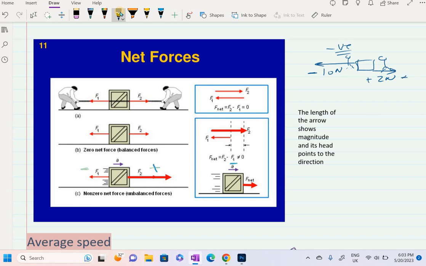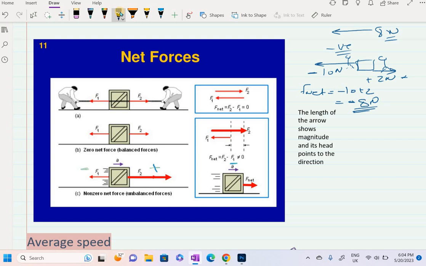So what is the net force, the resultant force, the overall force? The net force will be equal to minus 10 plus 2, which is minus 8 Newton. So this box will move toward the left side by 8 Newton. This is how a vector quantity can be negative, because the direction has an effect on the calculation.